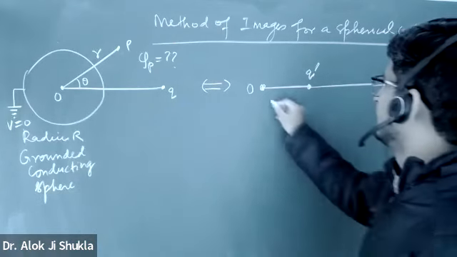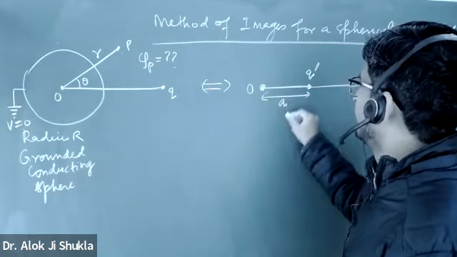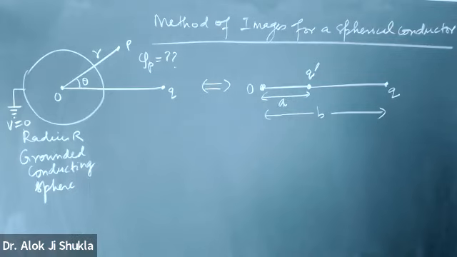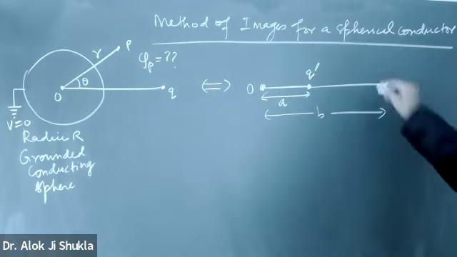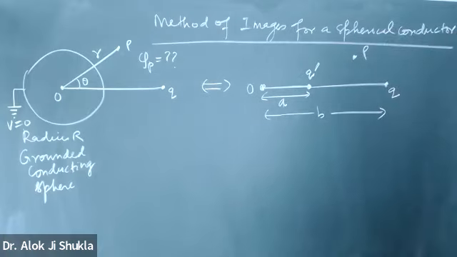So let this be the distance small a and this the distance small b. And this is the point P where you want to get the potential.